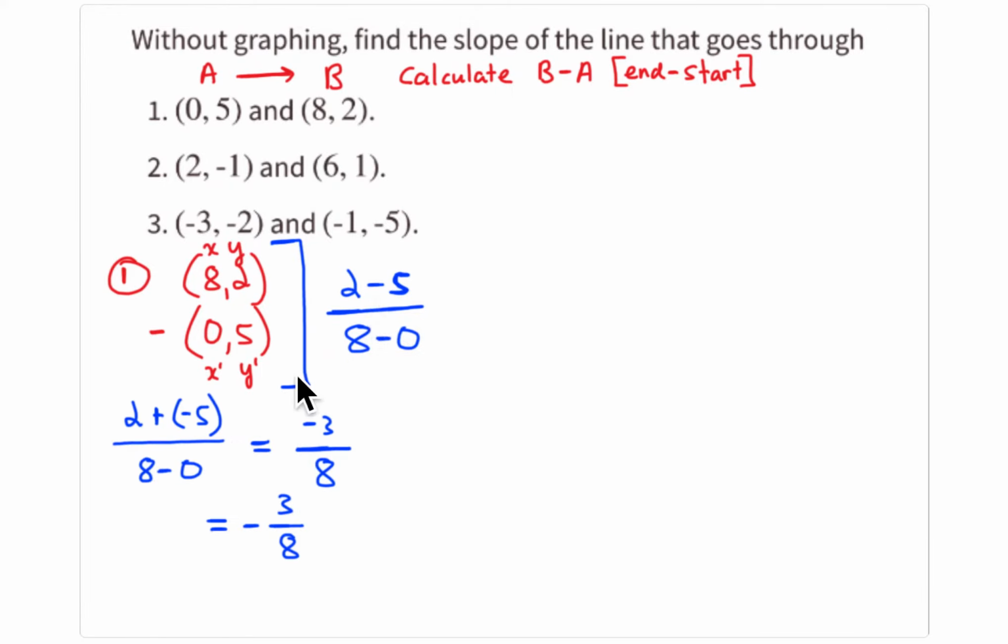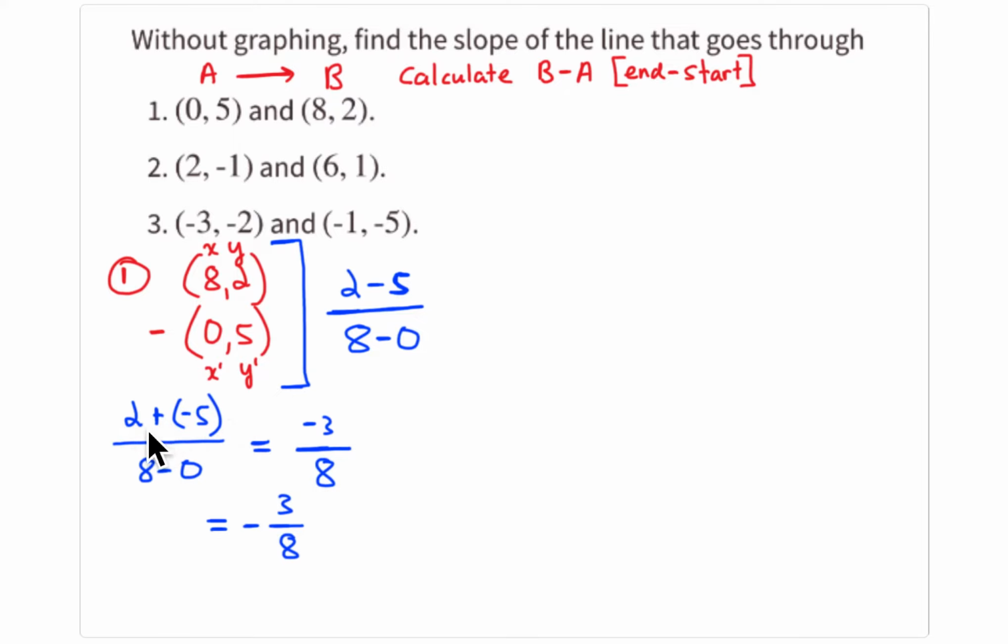And so 2 minus 5 is the same as 2 plus a negative 5. And 8 minus 0 is 8. So now you're adding integers with opposite signs. To do that, you find the difference of those two values.